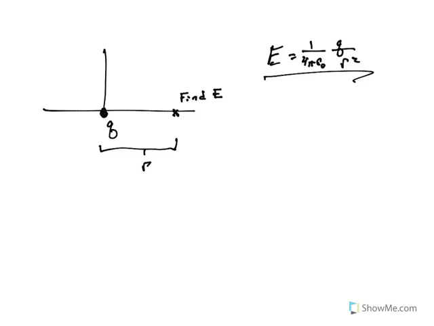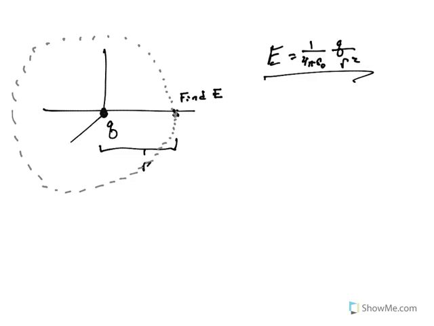Now what we're going to do is, if I want to know the electric field at this location I marked on the coordinate system, watch what happens if I say, okay, let me make a little circle that goes through the point I'm interested in. So this circle, or let's make it a sphere. I'm going to pretend we're in 3 dimensions, right?